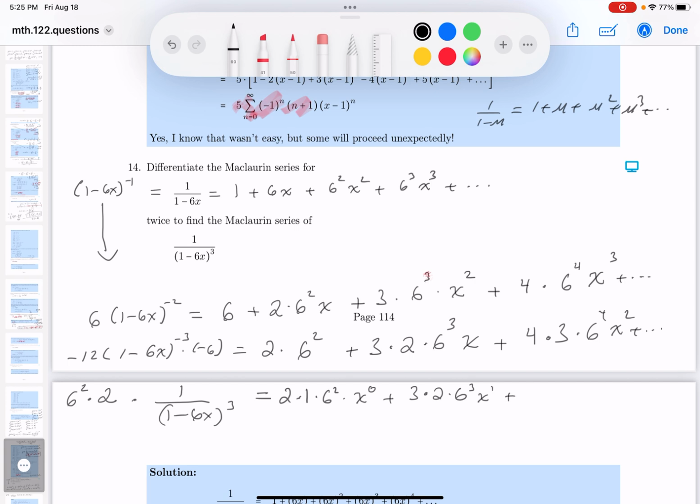And then I'm going to say 4 times 3, 6 to the 4th power, x squared. And by the way, at this point it's pretty predictable. The next one should be 5 times 4 times 6 to the 5, x cubed, yada, yada, yada. What I want to do now, though, is divide both sides by 6 squared.